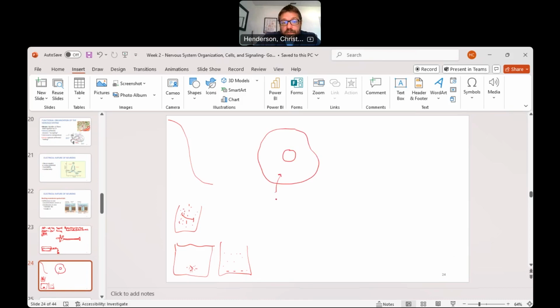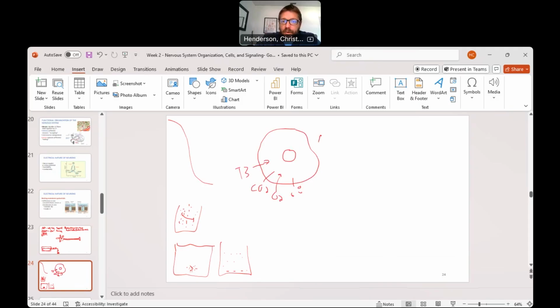Small molecules. O2 and CO2 can dissolve in and out real easily, doesn't need anything else. Some small fatty molecules can get in. Hormones like T3 and T4, these are fat soluble things. They will diffuse right through the membrane because they're fats and lipids are fats.